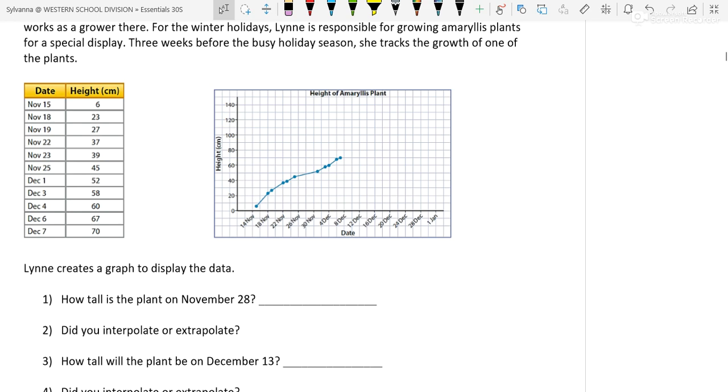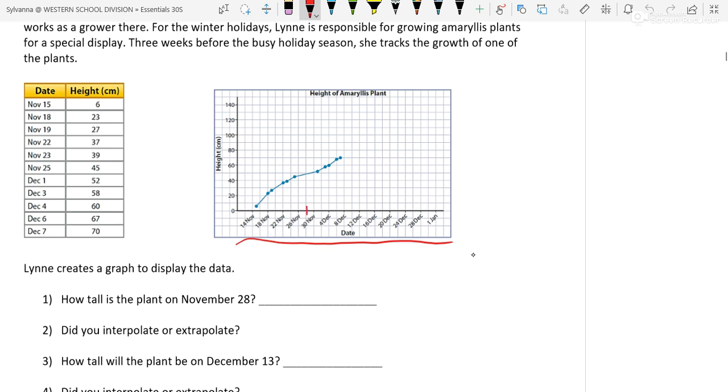How tall is the plant on November 28th? We're going to look at the bottom, our x-axis. This gives us our date. November 28th, well, there's nothing on here that actually says November 28th. We can make a good approximation by looking in between the 26th and the 30th of November.